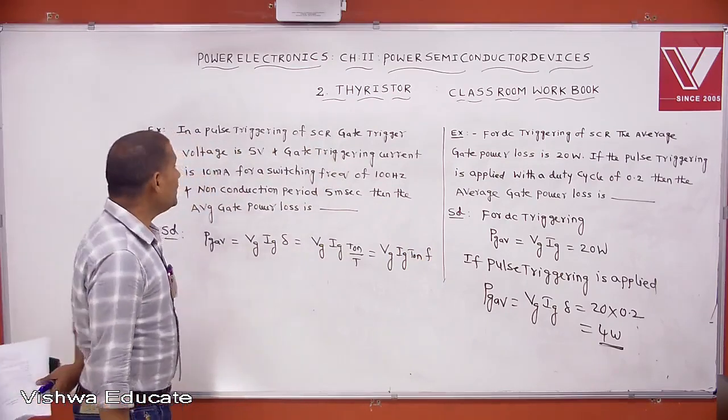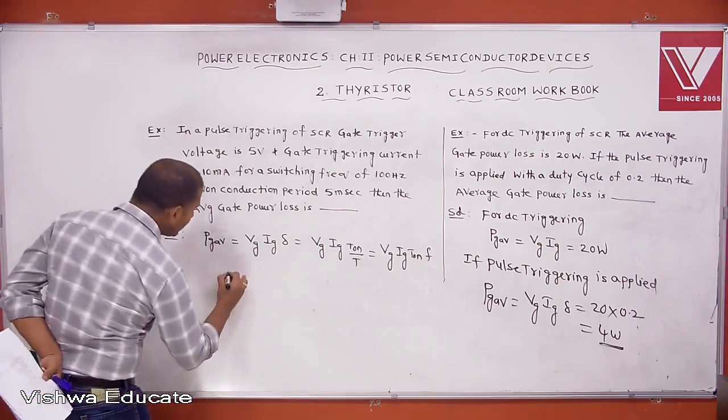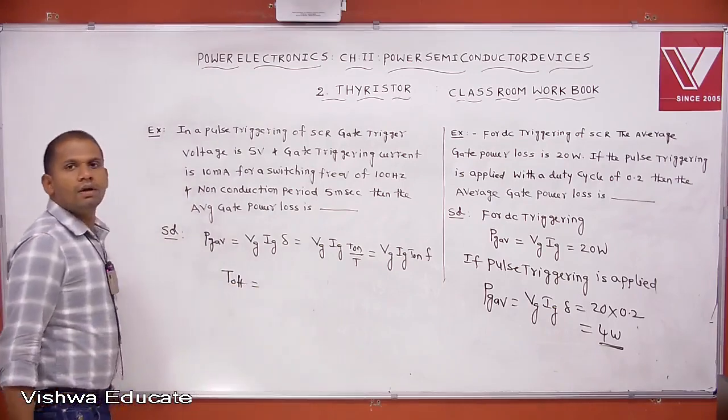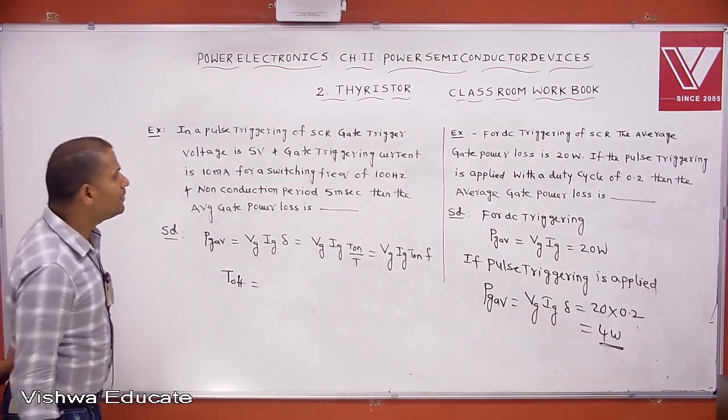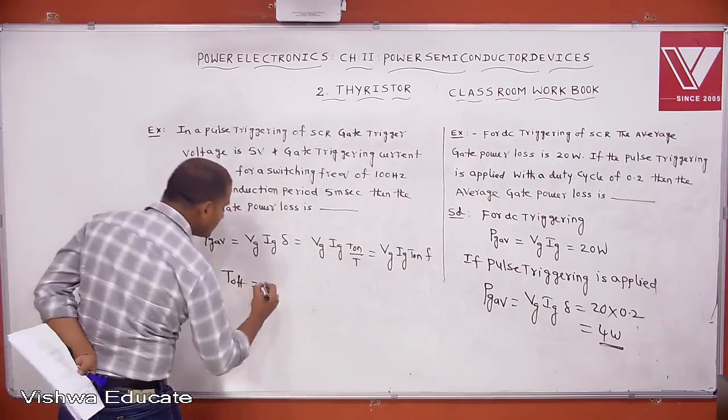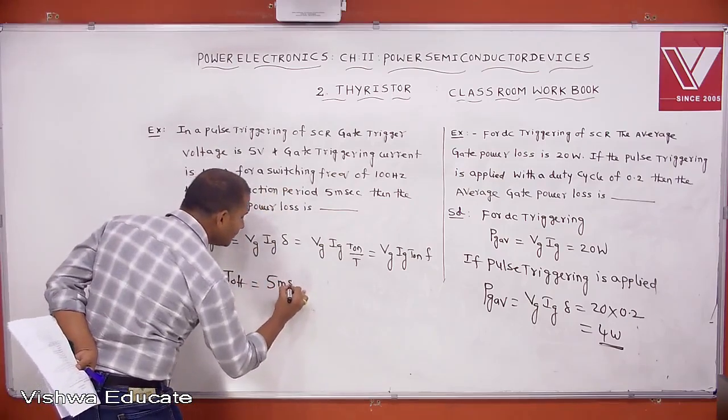But T off is given. Non-conduction period, T off, is how much? The non-conduction period, T off, is given as 5 milliseconds.